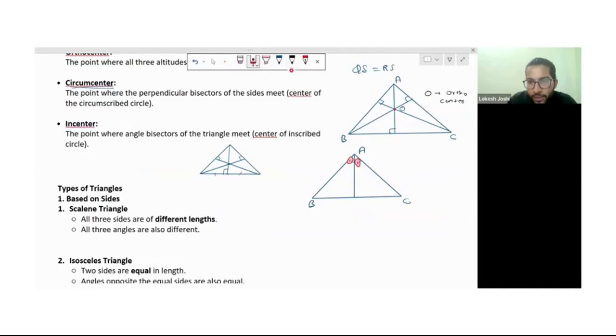Now if we draw the same lines like that, the center there, this one, is known as the incenter.